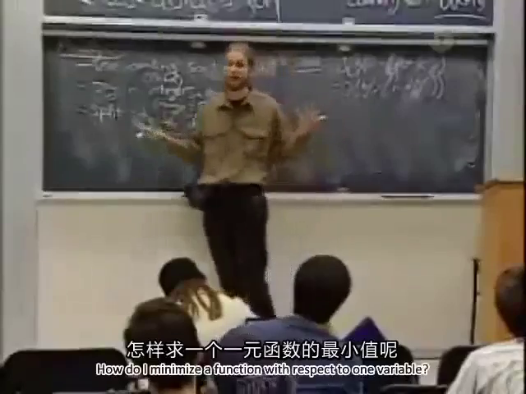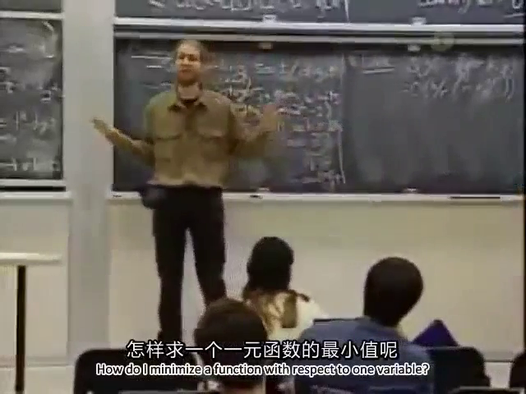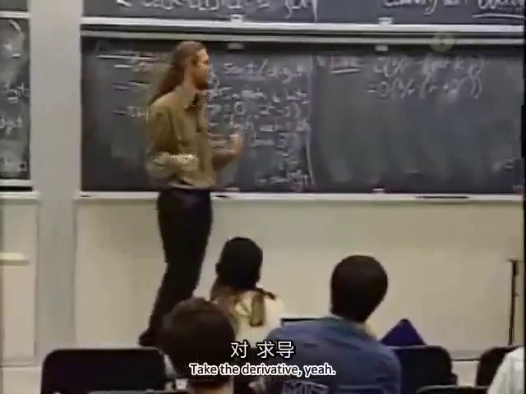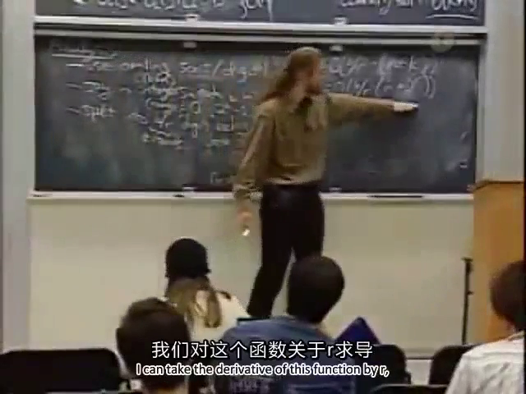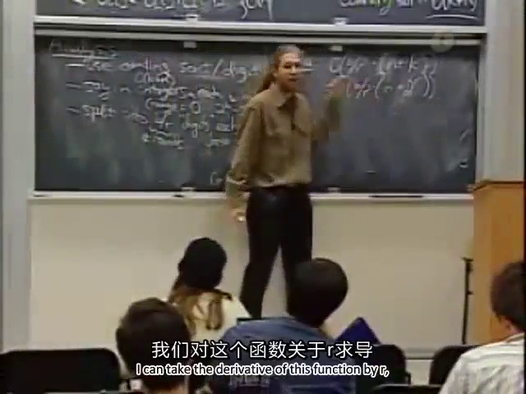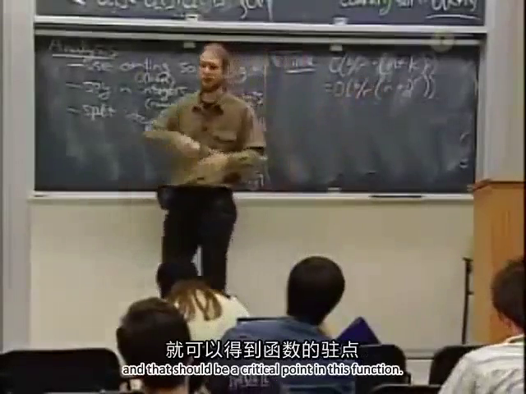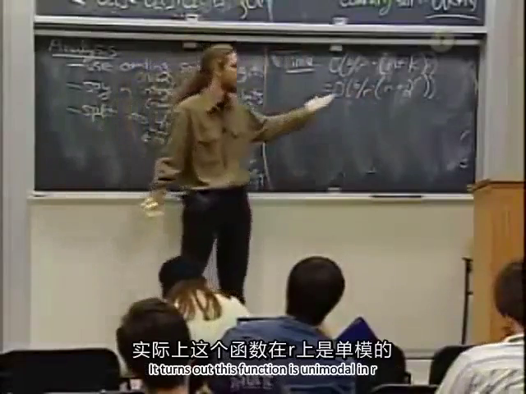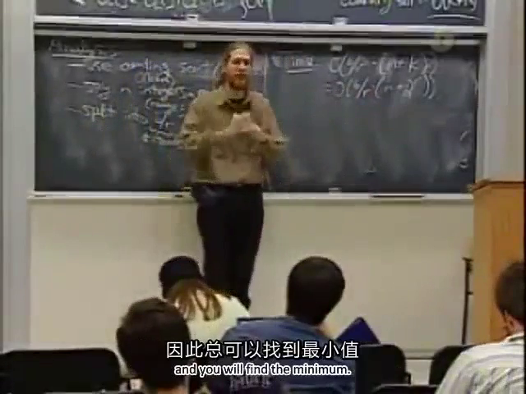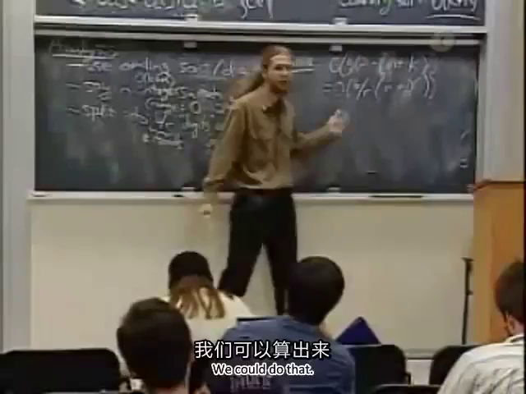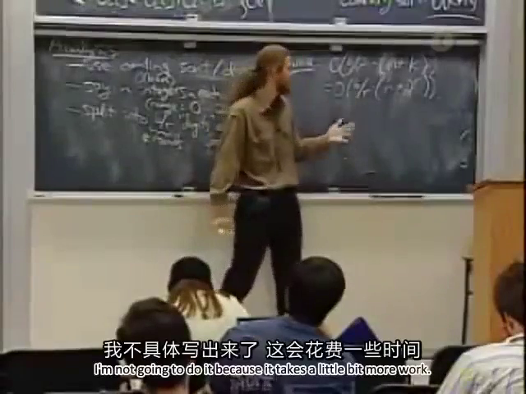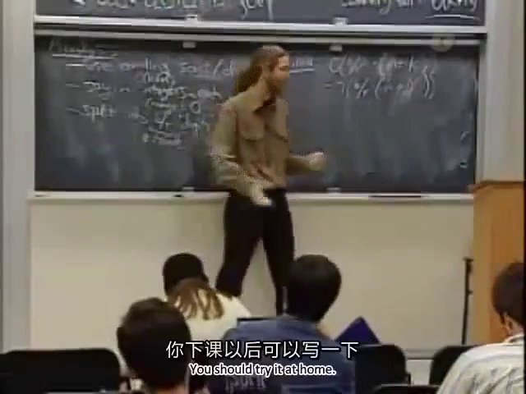Just how do I minimize a function with respect to one variable? Take the derivative, yeah. So I could differentiate this function by r, set the derivative equal to 0, and that should be a critical point in this function. It turns out this function is unimodal in r, and you will find the minimum. So we could do that. I'm not going to do it because it takes a little bit more work. You should try it at home.